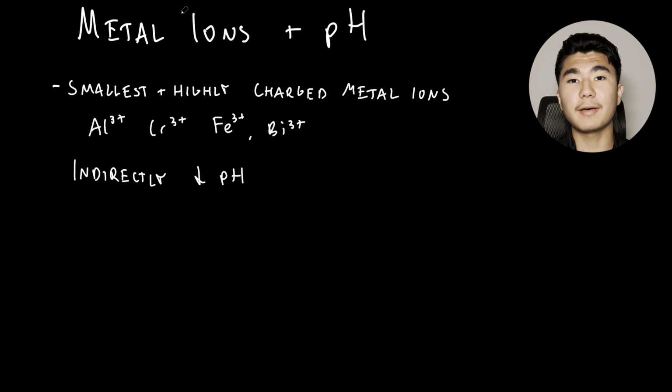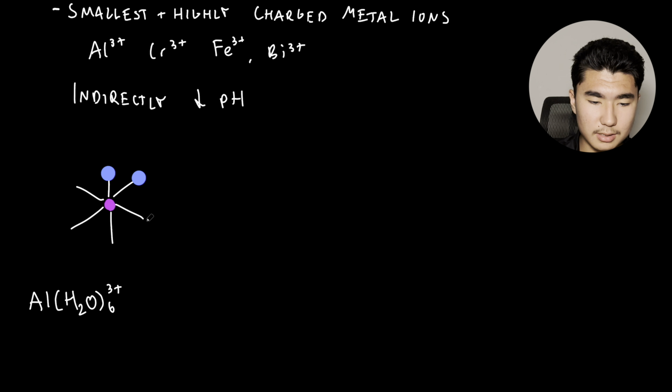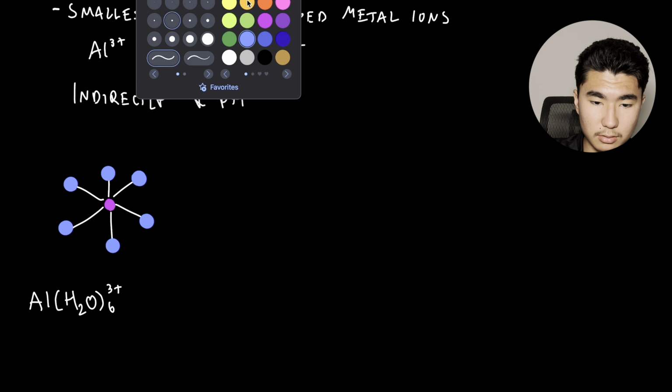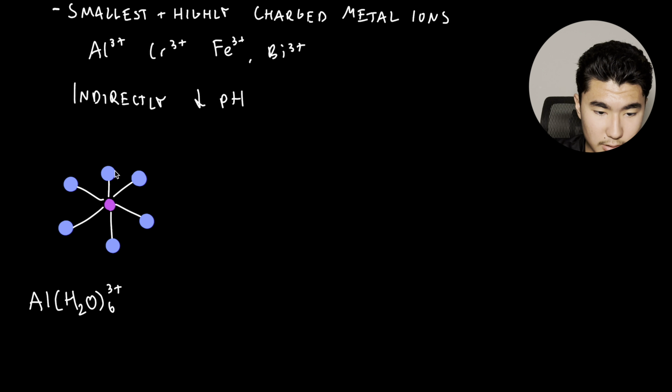So these are going to represent our oxygens, and let's just go down a little to our hydrogens. So this is H2O, H2O, H2O, H2O, another H2O, and our final H2O.